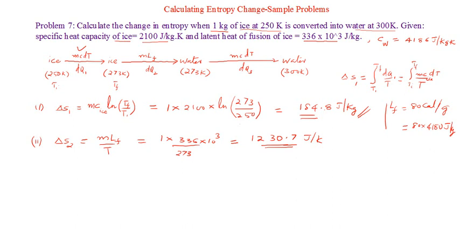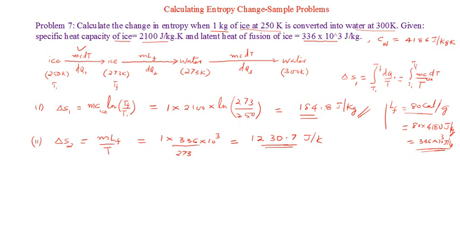You can check that this value will be 3.36 into 10 raised to 5, or about 336 into 10 raised to 3 joule per kilogram, and this is the way it has come. Even if it is not given, you should be able to recall from this data and convert it into SI units. That's it. So that is the second part of the problem.